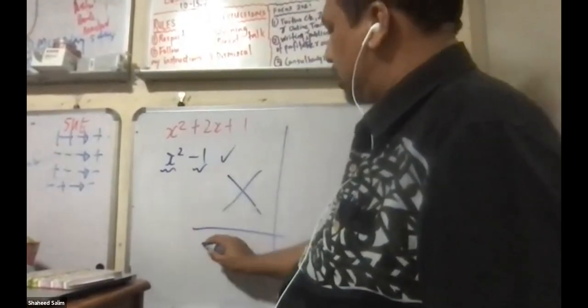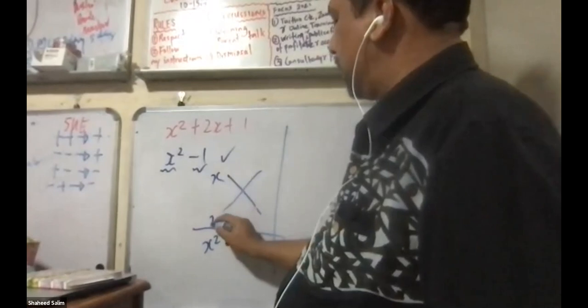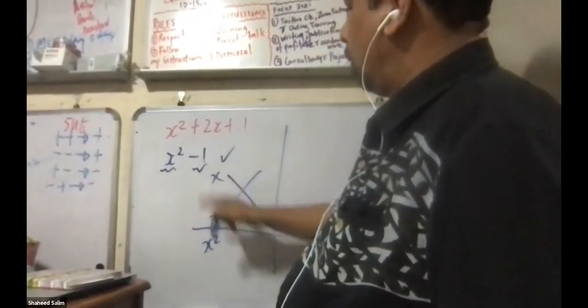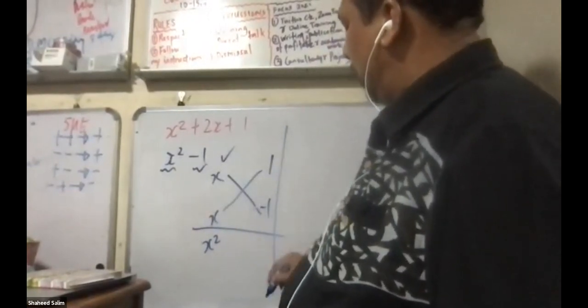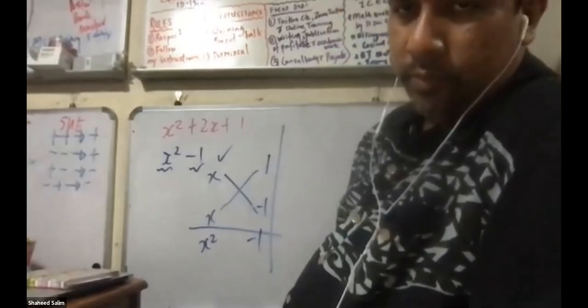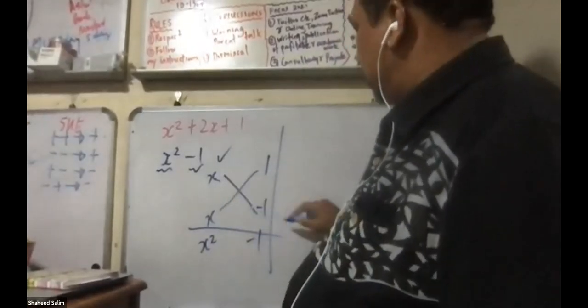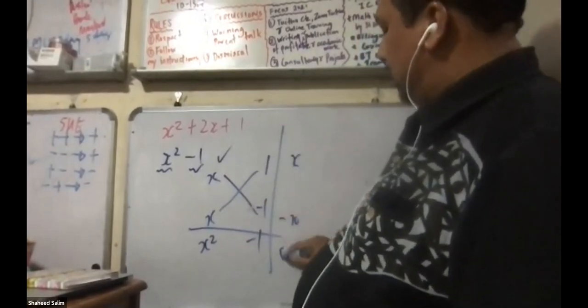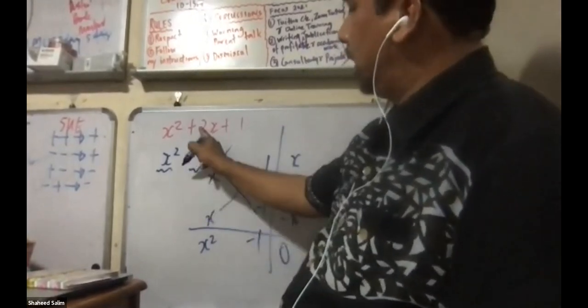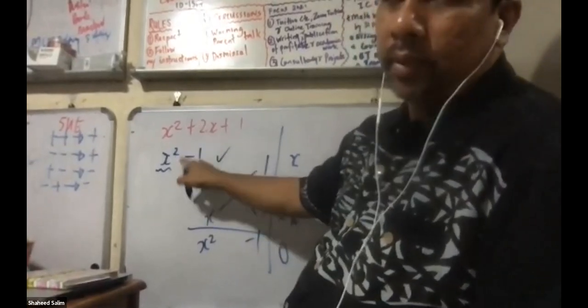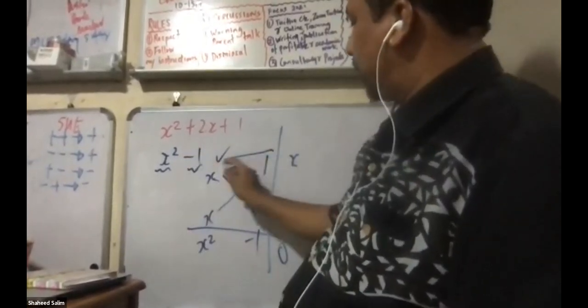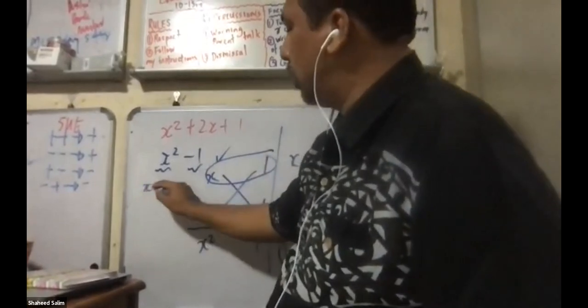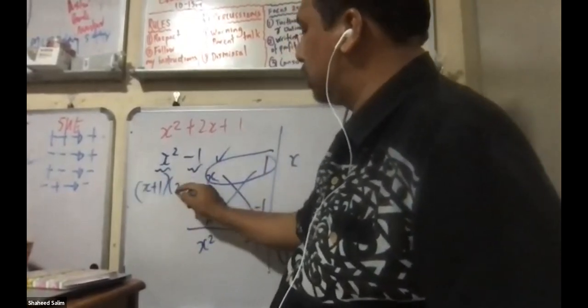So now this one x squared, correct? So x times x squared, correct? How to get 1? 1 times minus 1, give you minus 1. There's your answer. X times minus 1, minus x. X times 1, x. X minus x, 0. So there's no center term. Can you see? So what is the factorization of this? X plus 1, x minus 1.